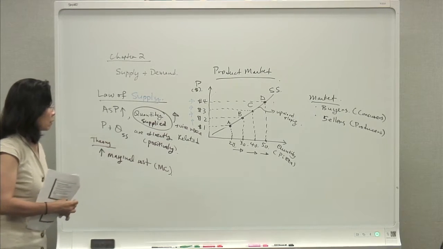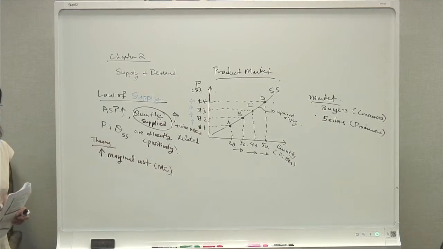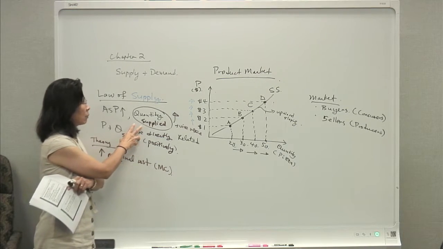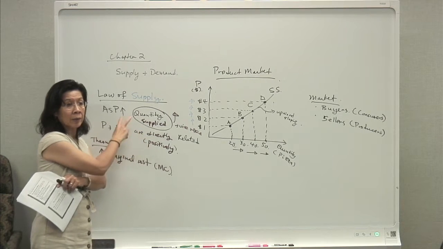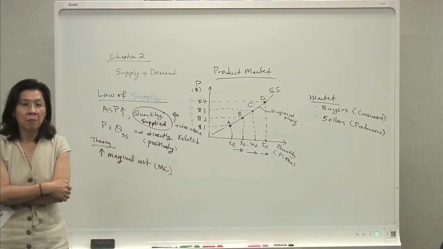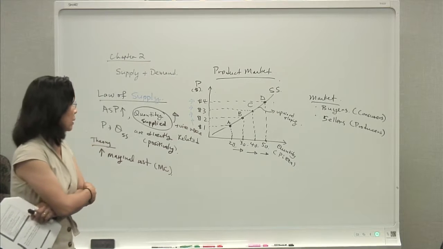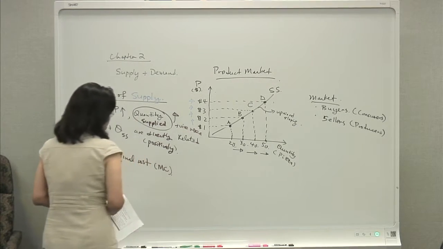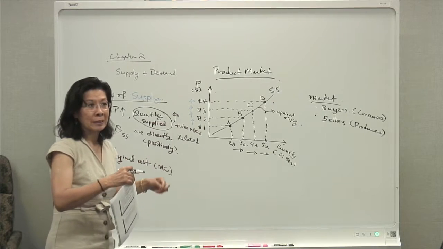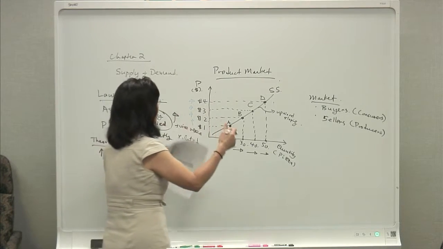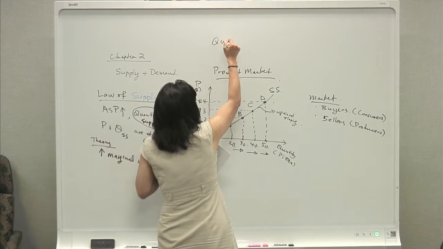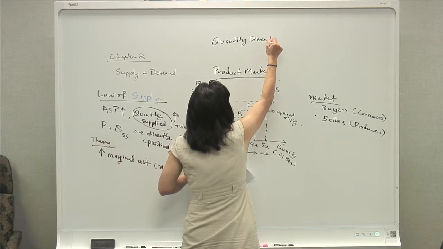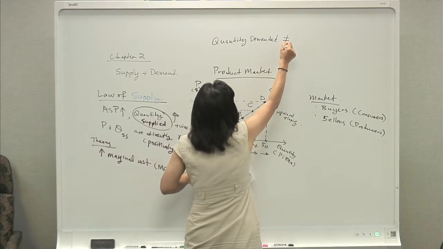So the next thing that I want to talk about is the shift. Let's come back to this concept again. I used the term quantity supply, and earlier on I used the term quantity demanded. These terms are important, and I'll make a note up here to highlight it. A lot of times when you read the book, it doesn't jump up and tell you, but I'm going to tell you now that quantity demanded is not the same as shift in demand.